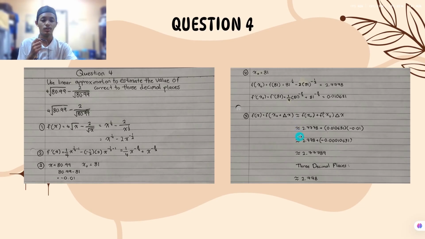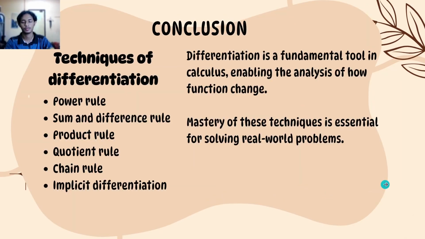And then we will have 2.7778 plus 0.010631 times negative 0.01. The result will be 2.77789. Since the question wants the answer in 3 decimal places, the answer will be approximately 2.778.